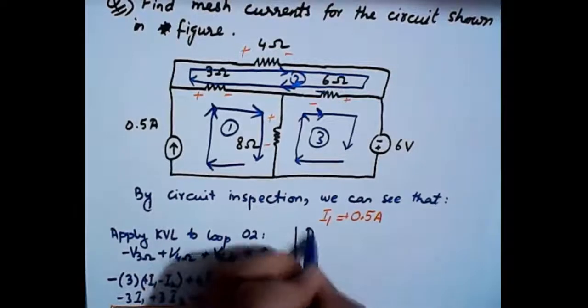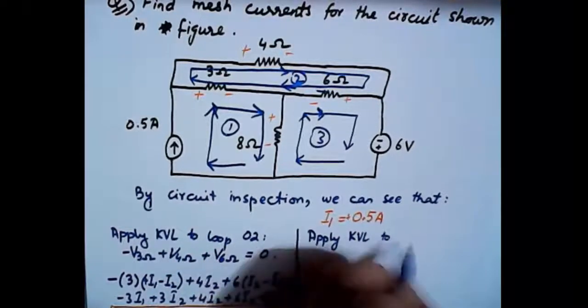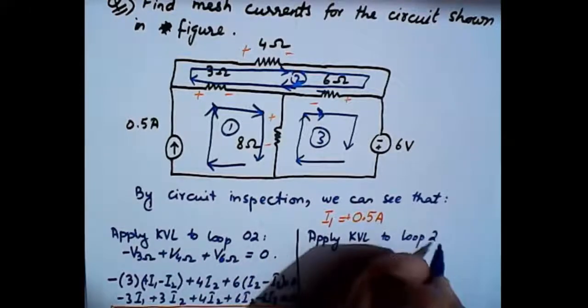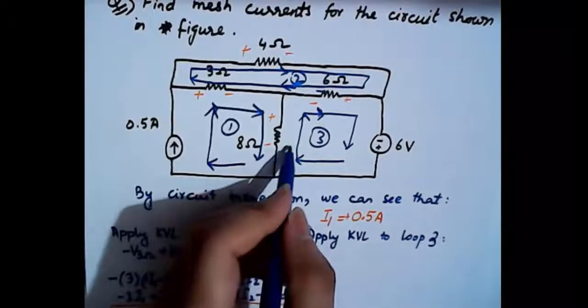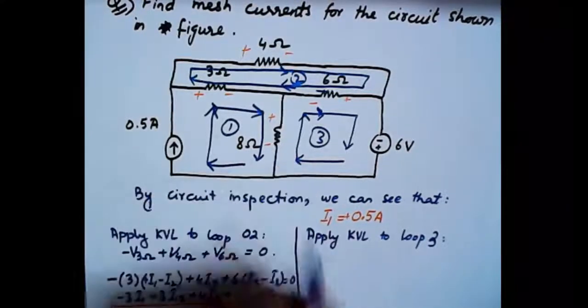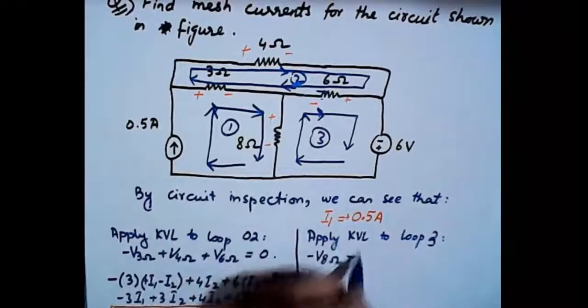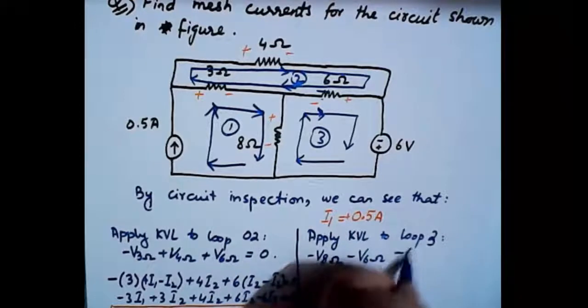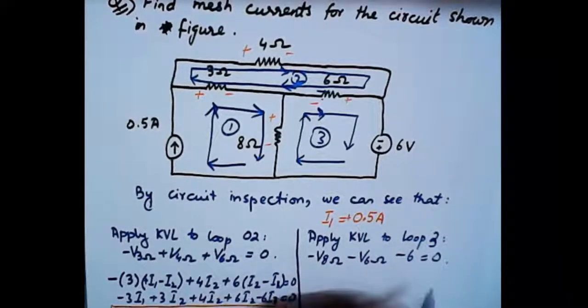So let's first apply KVL to loop 3, right? Now we can see that this is the 8 ohm resistance, and since the current is entering the negative side, it will be minus V8 ohms minus V6 ohms minus 6 is equal to 0, right?